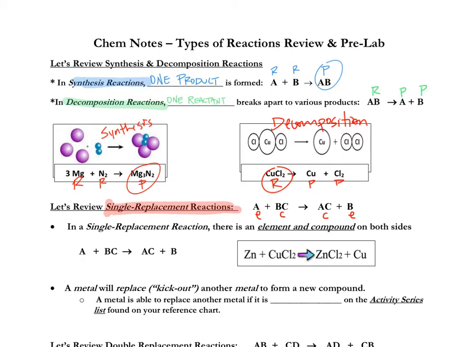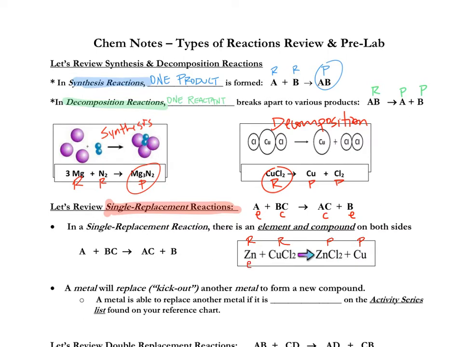Here it is again. I've got zinc plus copper chloride produces zinc chloride plus copper. I've got two reactants and two products. So that doesn't help me. There's not one reactant, there's not one product.